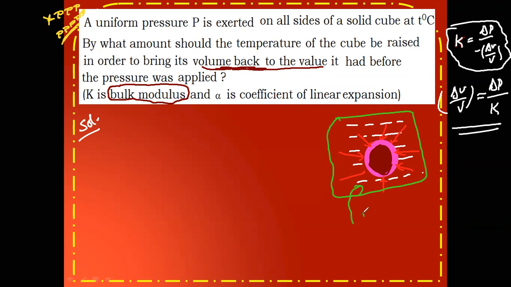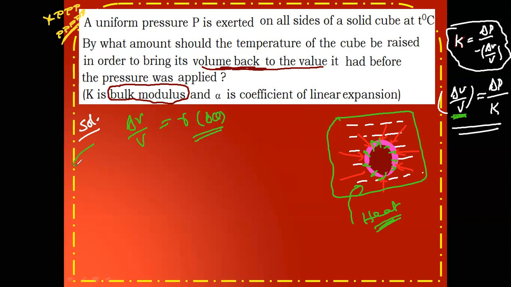Whenever we supply heat energy, the volume increases again. Earlier there was a decrease in the volume; whenever we supply the heat energy, the volume has to increase. Now we have to supply the heat energy until the fractional change in the volume is given by gamma into delta theta.